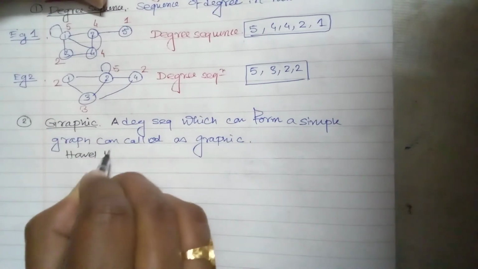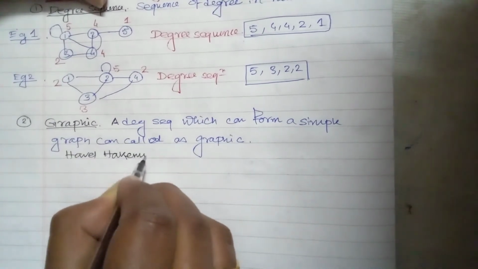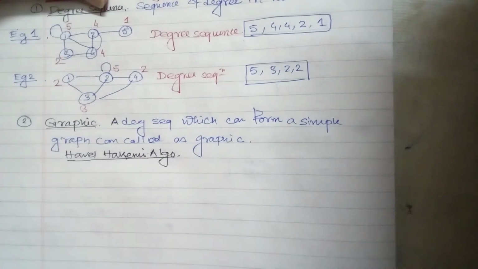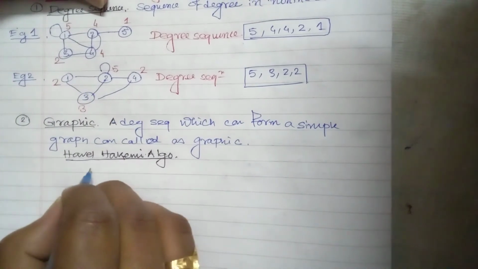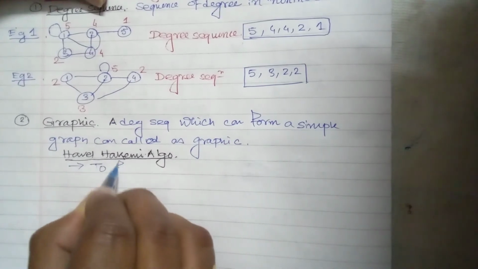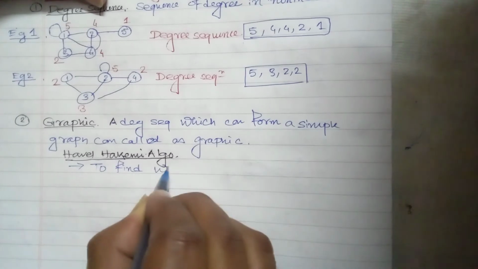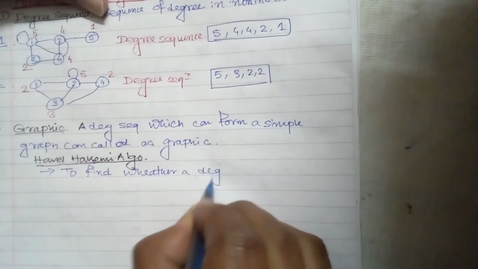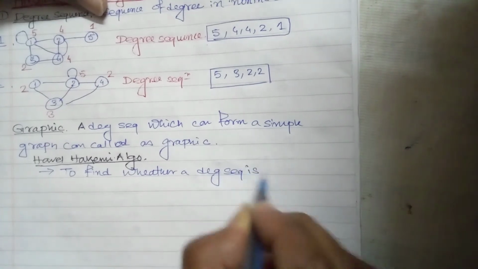Okay, so why do we use this algorithm? We will use this algorithm to find whether a degree sequence is graphic or not.